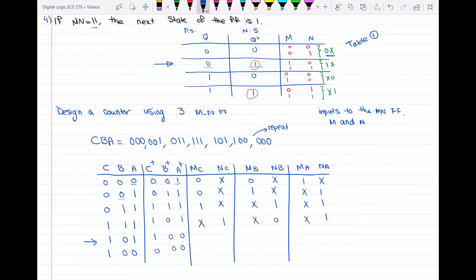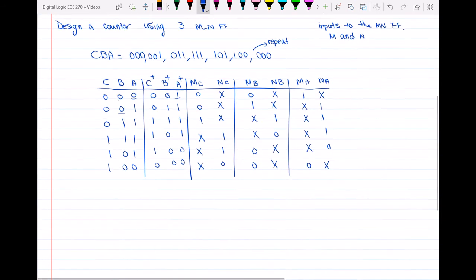So for C, we have 1, 1, which is X1. For B, I have 0, 0, which is 0X. And for A, we have 1, 0, which is X0. And the last row, for C, we have 1, 0. So MN will be X0. For B and A, both are 0, 0. So we're going to have 0X and 0X.